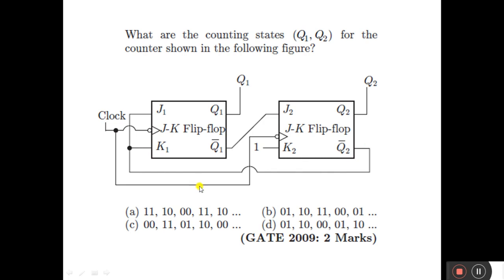This problem is a simple one, but takes some more time to solve. What are the counting states of Q1, Q2 for the counter shown in the following figure? Here JK flip flops are given, J1, K1 connected together and connected to Q2 bar, and the output Q1 bar is connected to J2.